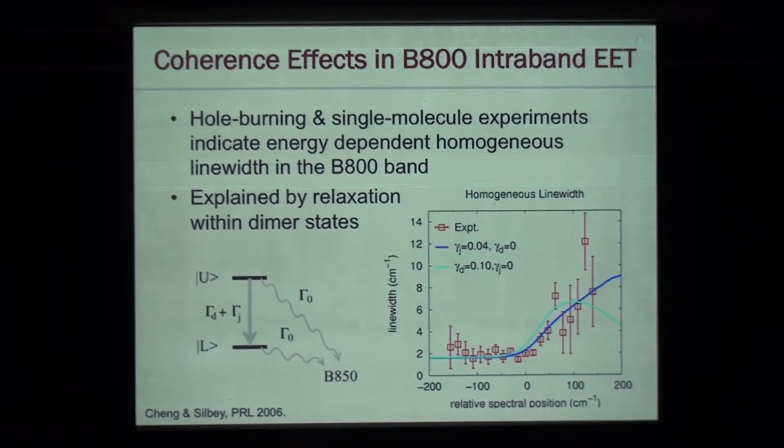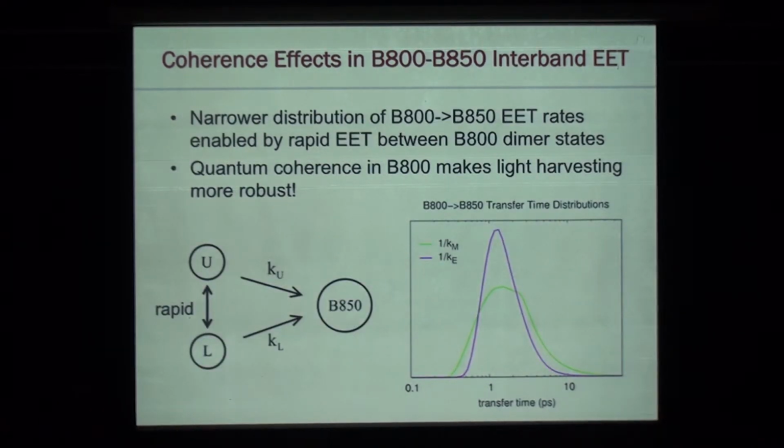Using this, we are also able to explain the energy-dependent relaxation rate in the BA100 band. At higher energy, you have a relaxation. At low energy, because you are sitting on this low energy band, you don't have a relaxation. So this corresponds also very well with experiments. What's more interesting is this.